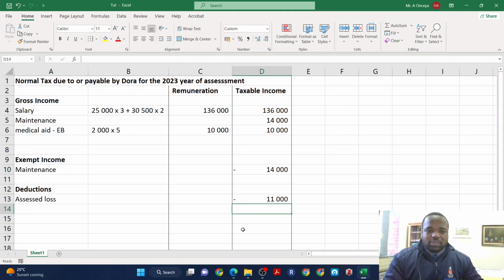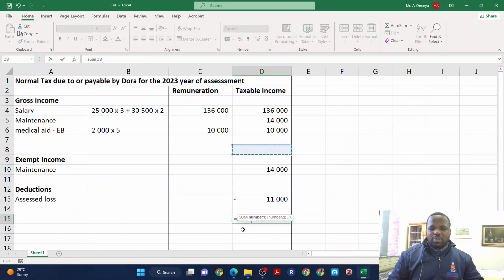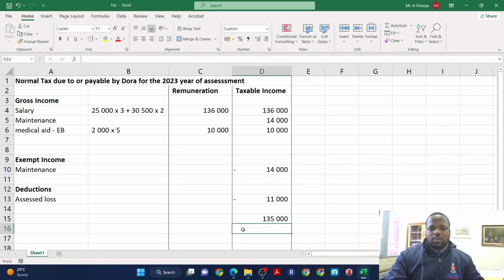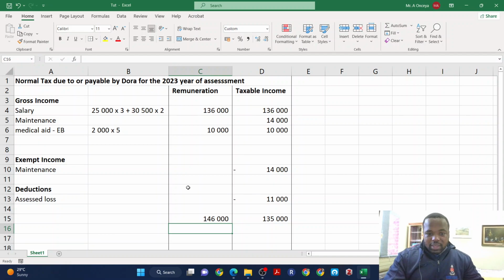What's beautiful here is that you do not have CGT, so the taxable income after and before is the same.